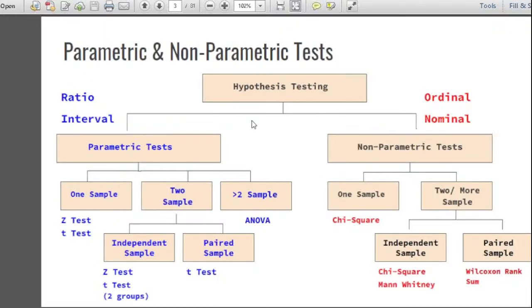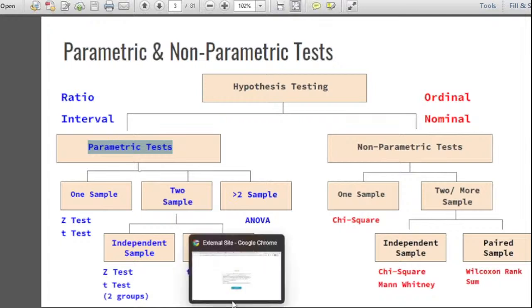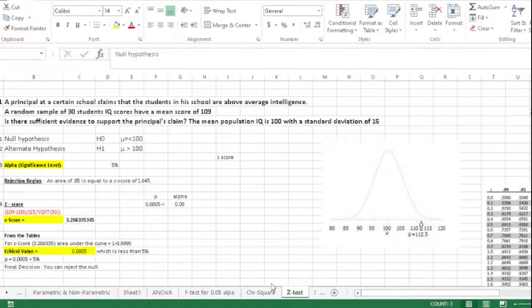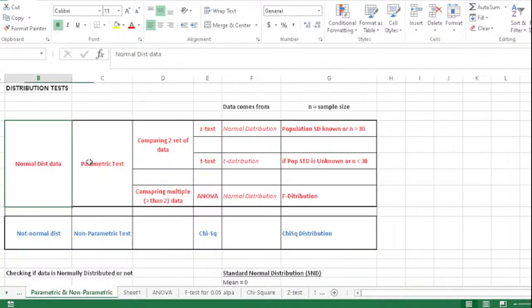Okay, so as I said, I've already discussed parametric tests in brief. Parametric tests are the tests that are based on the assumption of normality, right? So if you look here in the Excel, they assume a normal distribution, that the population is normally distributed, okay?